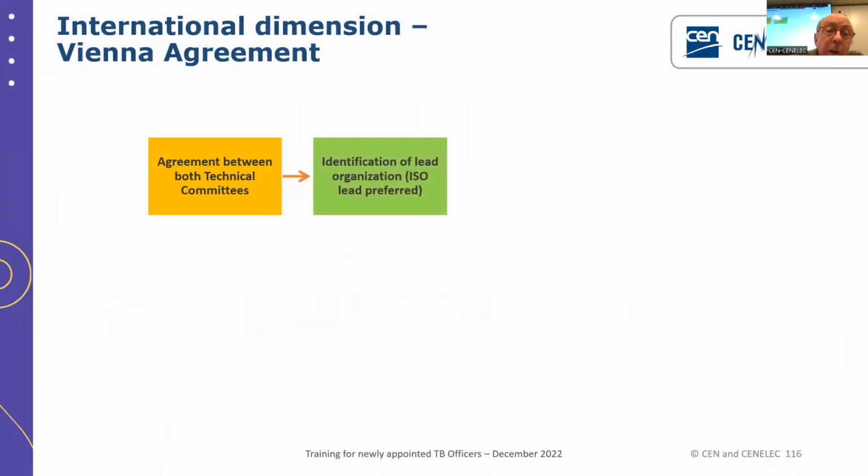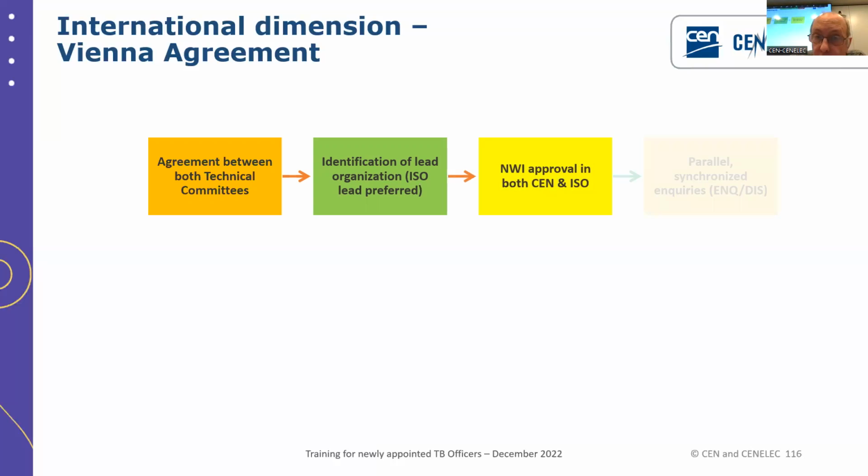So basically, the process, as I mentioned already, when there is an agreement between two technical committees, we will have to create work items, but we also need to define which will be the lead in the process. Usually, it is ISO which is leading the process.